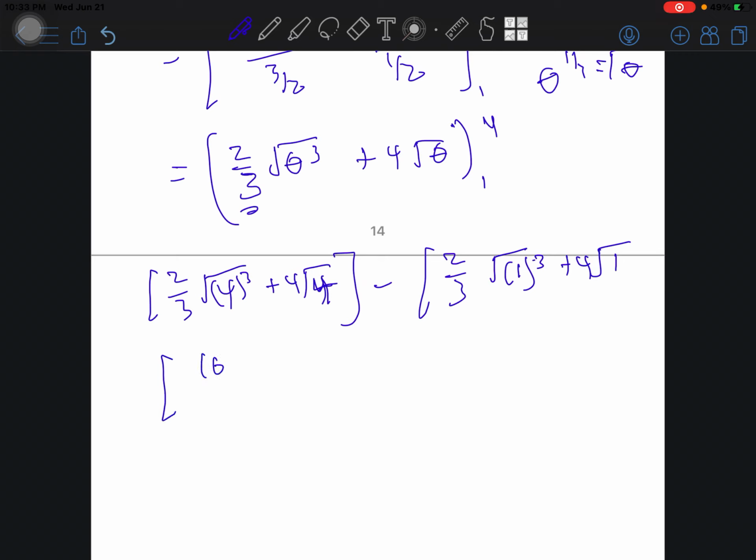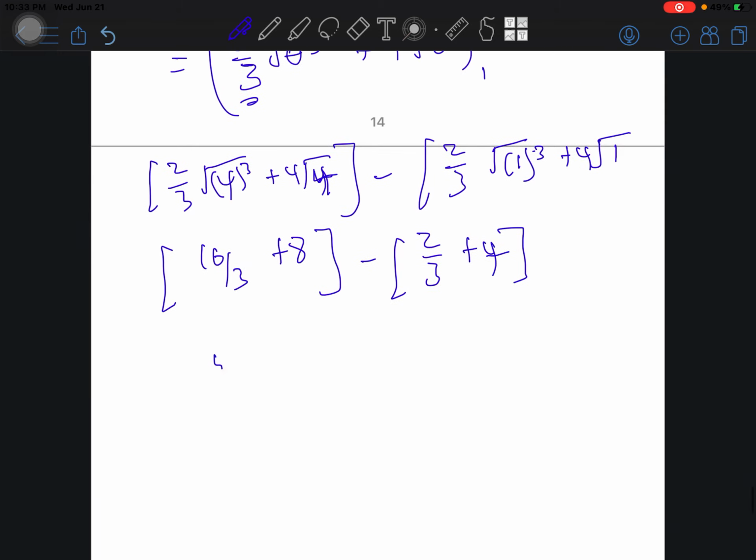At the end of the day, you are going to get 16 over 3 plus 8 minus 2 over 3 plus 4. Therefore, we get 5 and 1 over 3 plus 8 minus 2 over 3 minus 4, equal to 8 and 2 over 3, or 26 over 3.